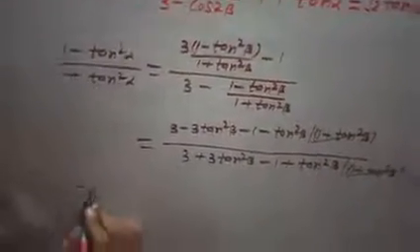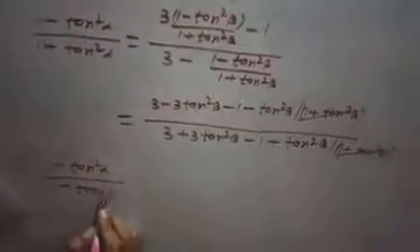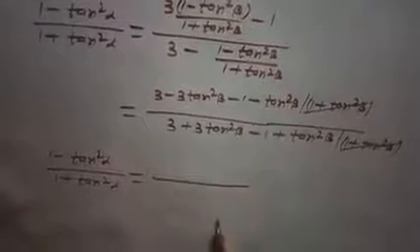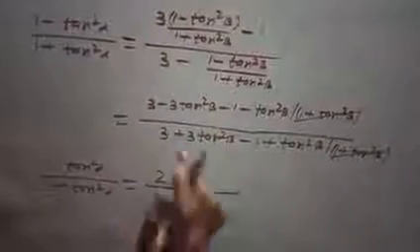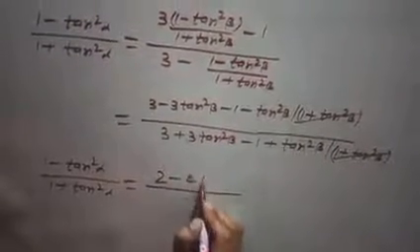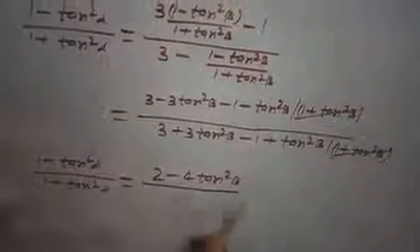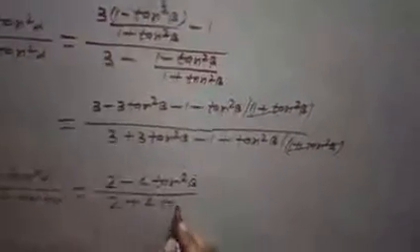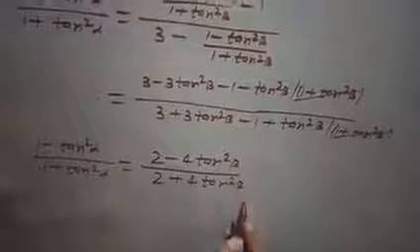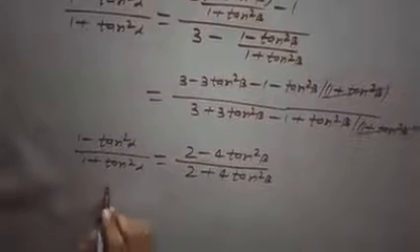Here (1 minus tan square alpha) upon (1 plus tan square alpha). Here if we see 3 minus 1 is 2 and 3 plus 1 is 4 tan square beta, 3 minus 1 is 2, 3 plus 1 is 4 tan square beta. So here we are saying this, plus minus minus plus, same thing is there.